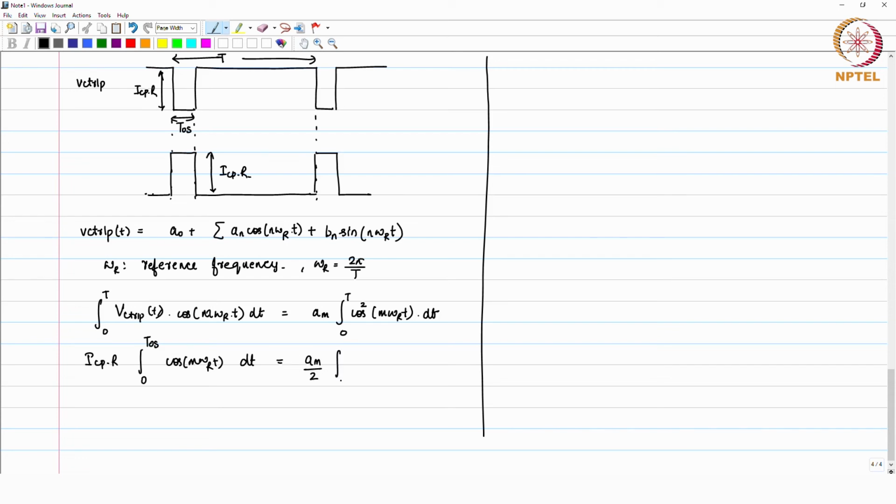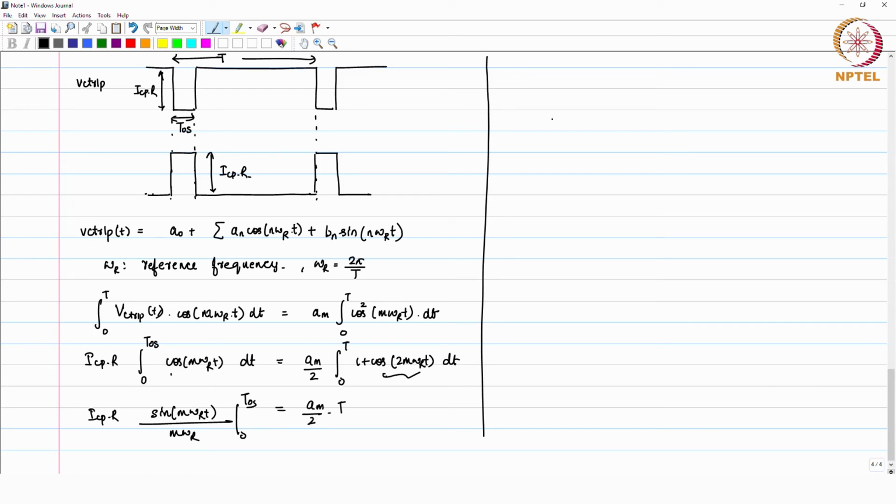So, I can write it as 0 to T into 1 plus cosine of 2 m omega r t dt. This integration over the time period is going to give us 0. So, what we are going to get here is a m by 2 times T, and the integration of I_CP R cosine is sine of m omega r t divided by m omega r, with limits 0 to t offset.